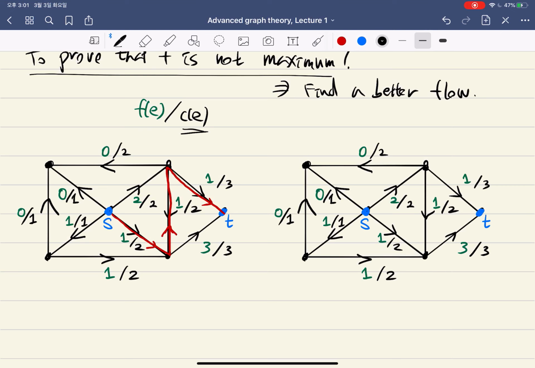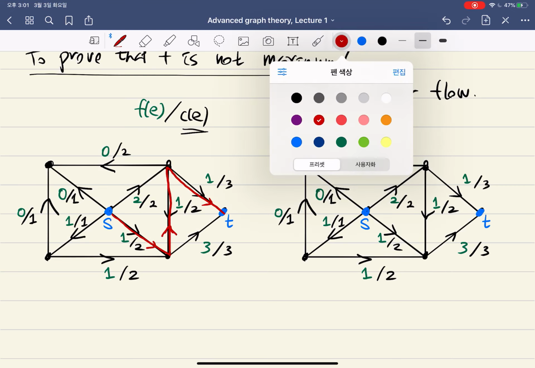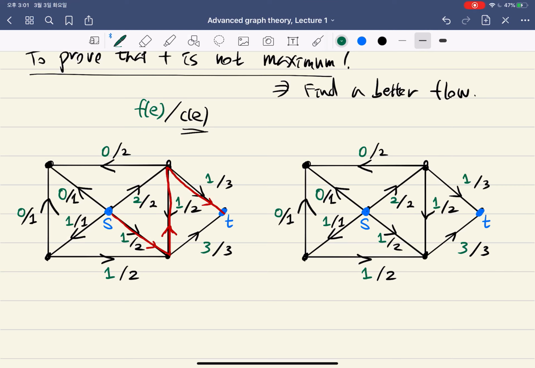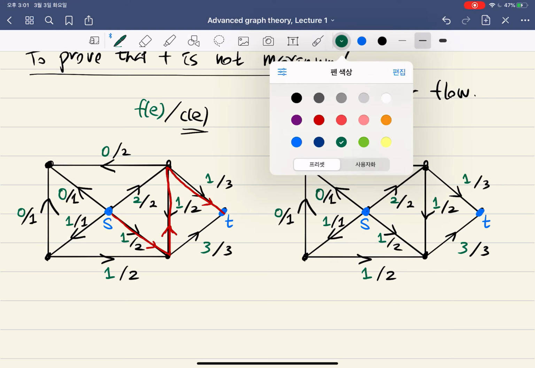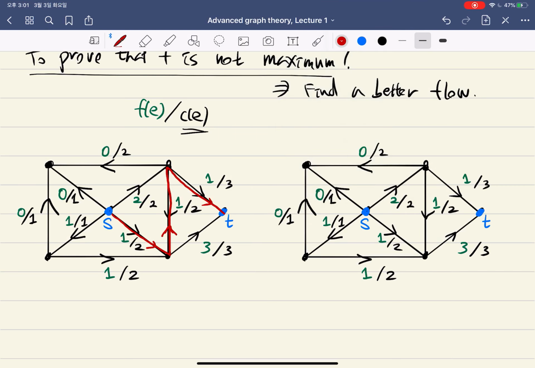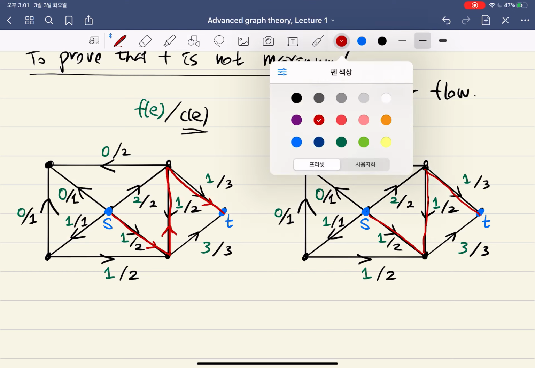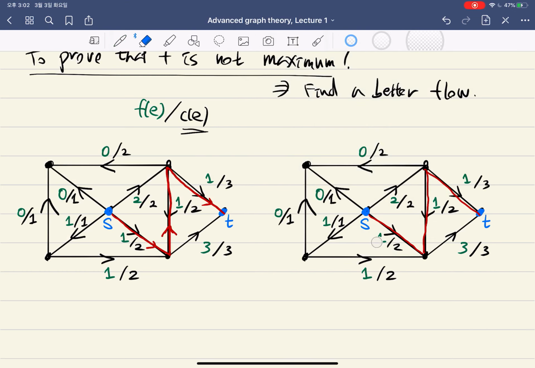Then what we do is we can change the value on these 3 edges so that this is now 1 plus 1 and this is now 1 minus 1. This is now 1 plus 1. So this is 2, this is 0, this is 2.